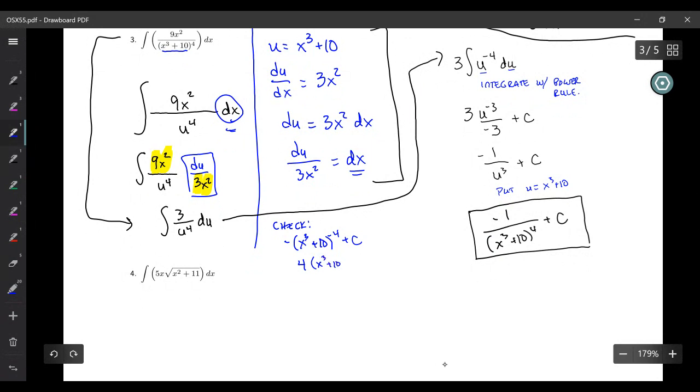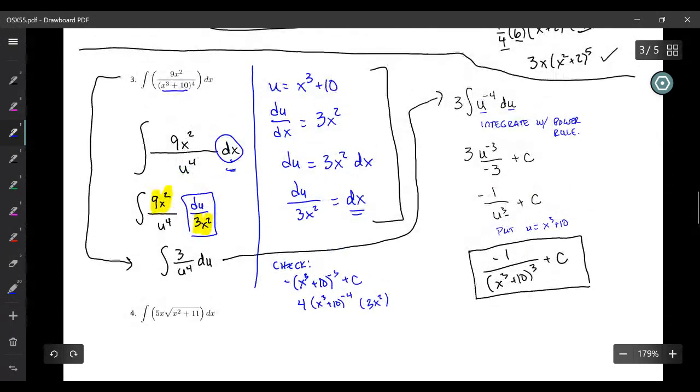X cubed plus 10 to the negative. Oh, how did I mess that up? Sorry, guys. This should be a 3. This is a 3 here, so it should be a 3 in the denominator. So this is what you end up with from the chain rule.